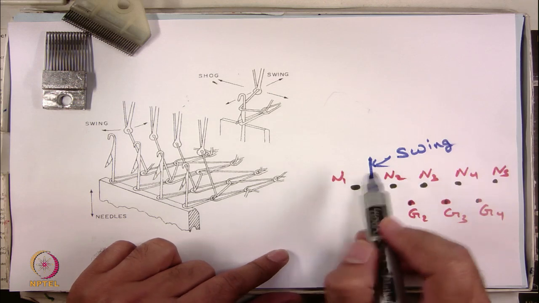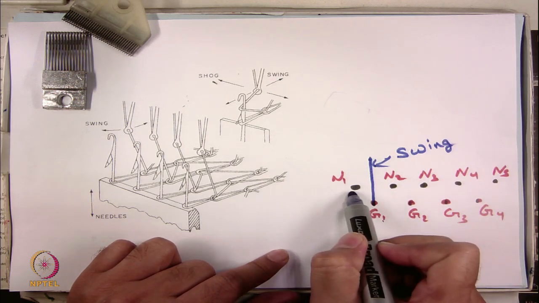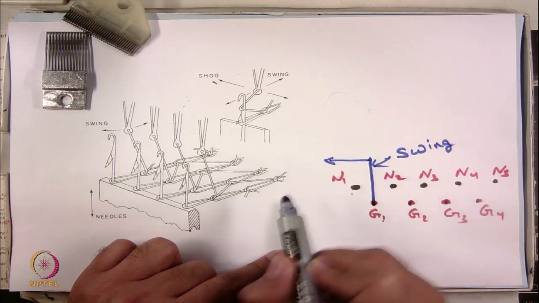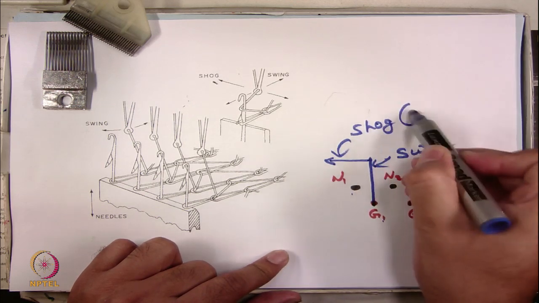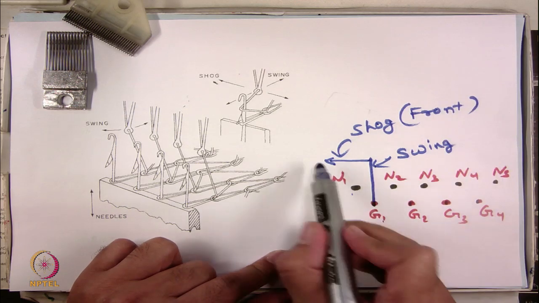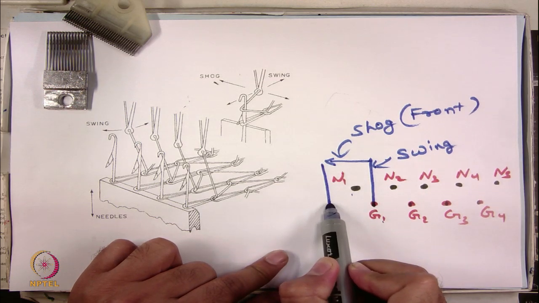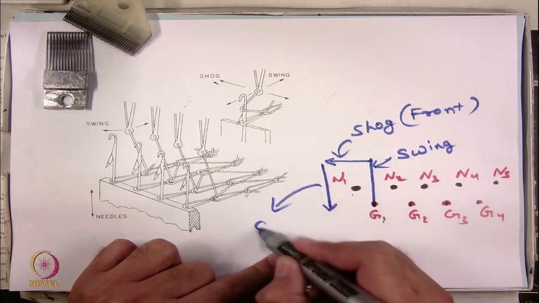After that, let us suppose this guide bar is providing yarn to this needle, so it has to then shog, this is shogging motion on the front side. After shogging, it has to again swing back so that the needle can catch the yarn. So, this is again swinging motion.